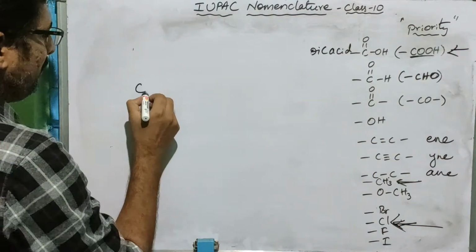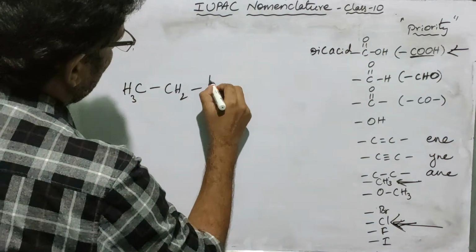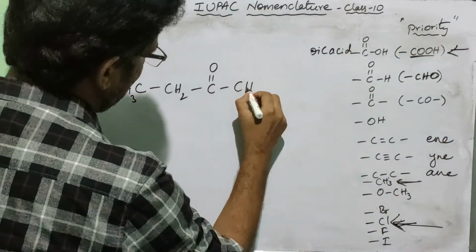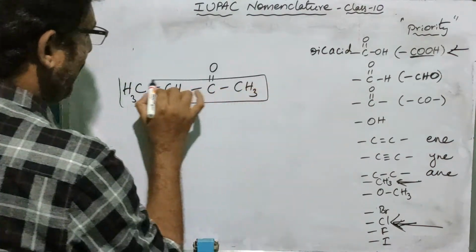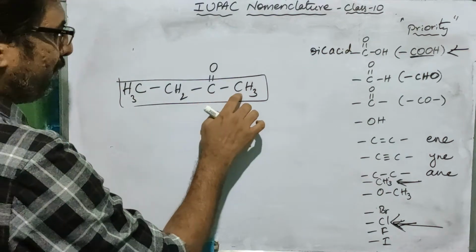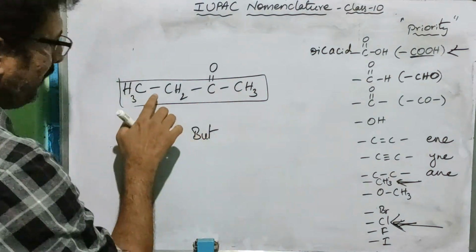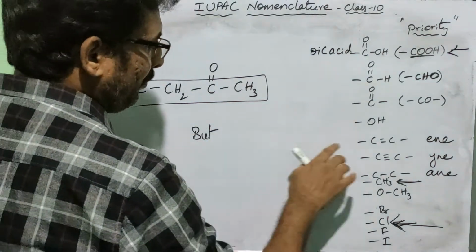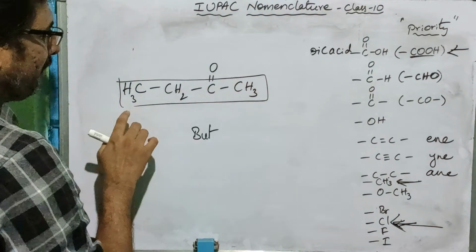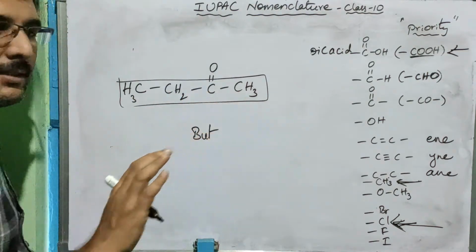Let's see another example. CH3, CH2, C double bond O, CH3. Again, you have a carbon chain with 1, 2, 3, 4, four carbons. So this will be but-. I am talking about bonding between carbon-carbon: single bond, single bond, single bond.